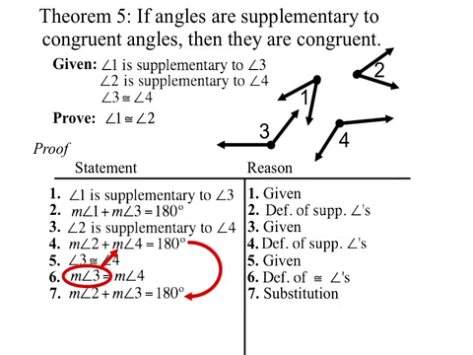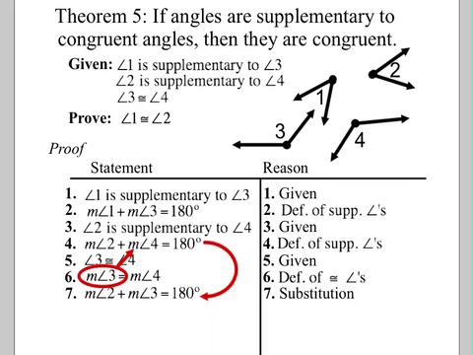Since the measure of angle 3 is equal to the measure of angle 4, we'll go back to line 4 and substitute the measure of angle 3 for the measure of angle 4. And then we'll write that new equation with the substitution in it down in line 7. So now we have the measure of angle 2 plus the measure of angle 3 is equal to 180 degrees.